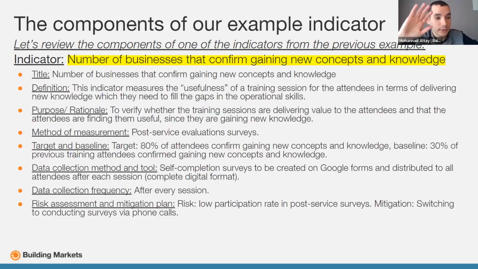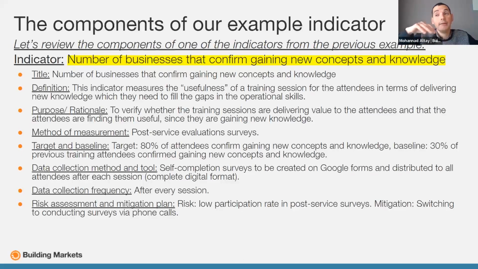And next we have component number 5, which is the target and baseline. The target means the quantitative target of your indicator. That means how many people you want to train, or the percentage of the people that you want to make sure are gaining new knowledge.